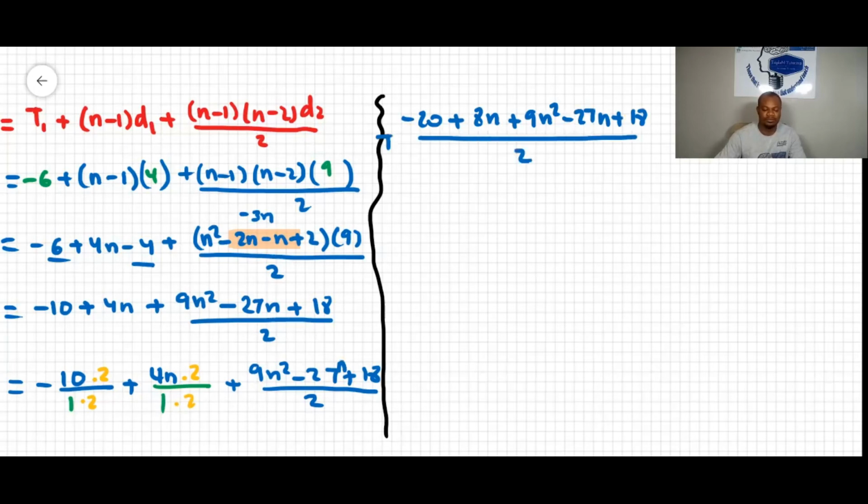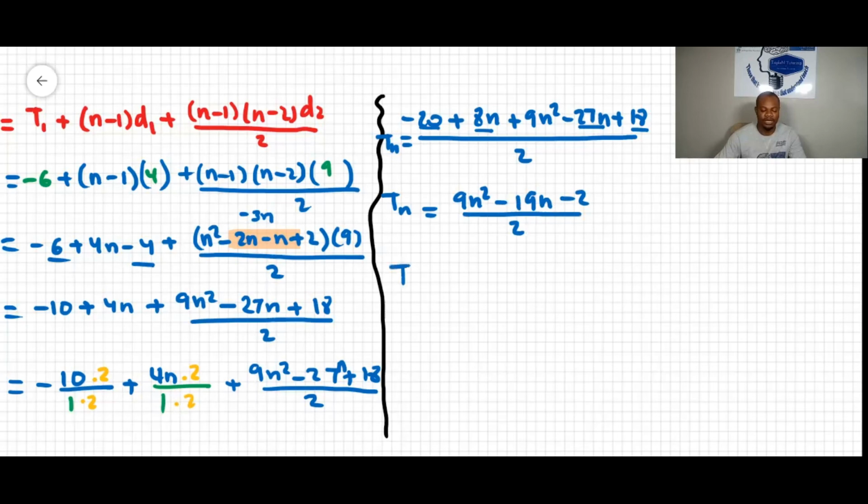We can combine like terms: 9n squared stays, 8n and negative 27n make negative 19n, and negative 20 and positive 18 make negative 2, all over 2.